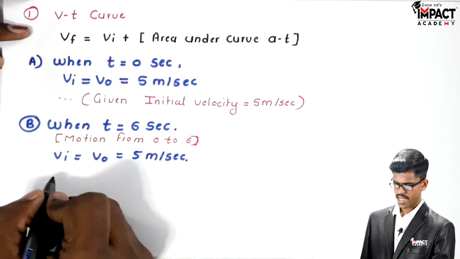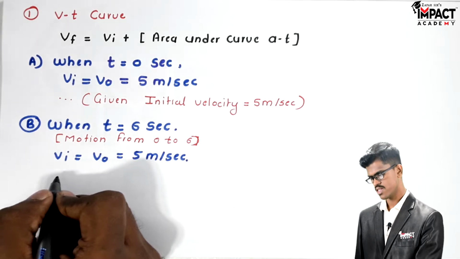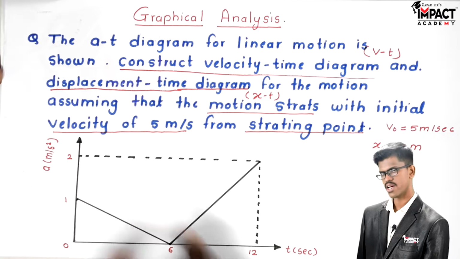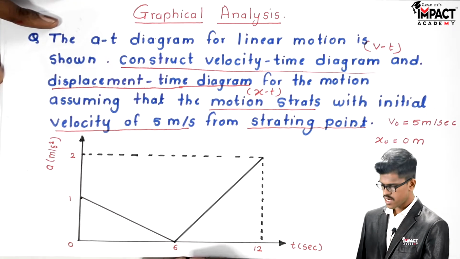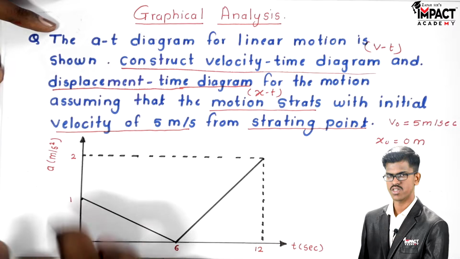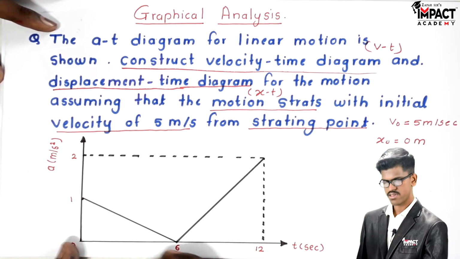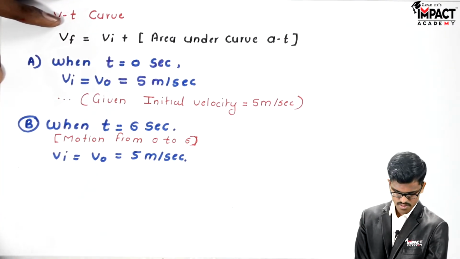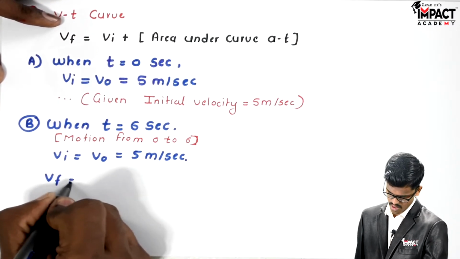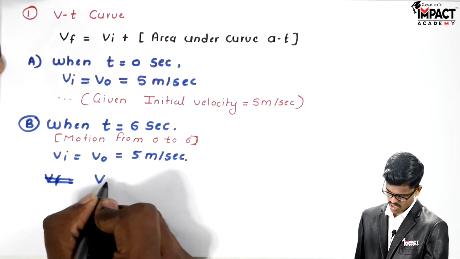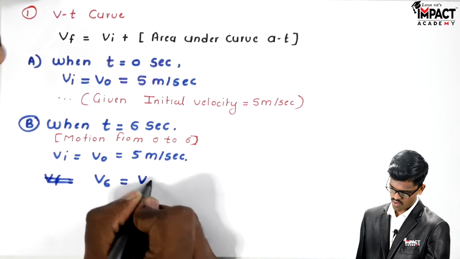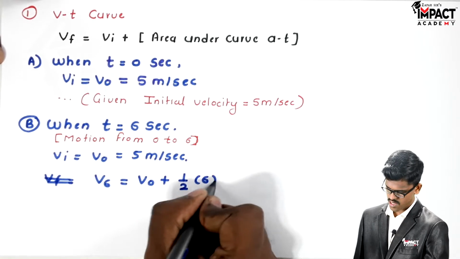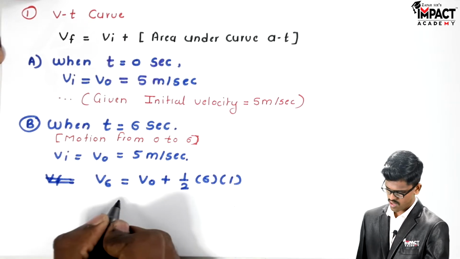And the area under the curve. If you see this graph, it is simply a right angle triangle. The area of a right angle triangle is half into base into height. Here the base is 6 and the height is 1. So simply substitute: V6 is equal to V0 plus half into base 6 into height 1.